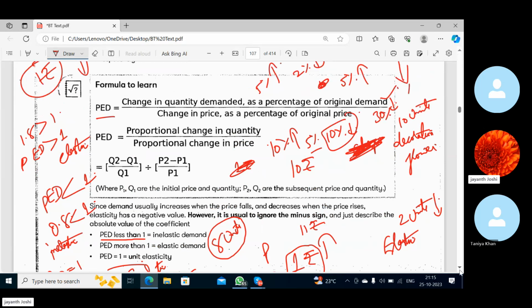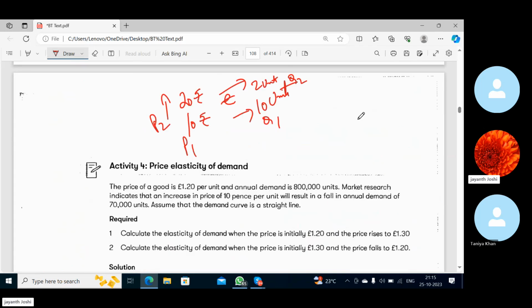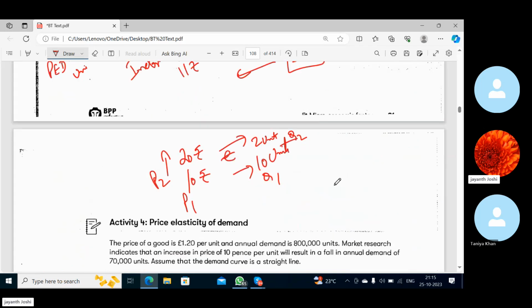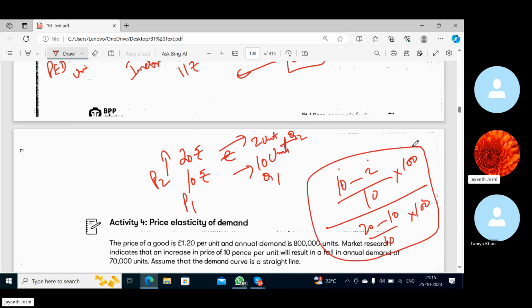Percentage change in quantity demanded by percentage change in price. So percentage change in quantity demanded is 10 minus 2, previously I used to buy 10 units, now I'm buying 2 units, divided by 10, into 100. Whole divided by 20 minus 10 by 10, into 100. So you can get the elasticity of demand. Just calculate and tell me.